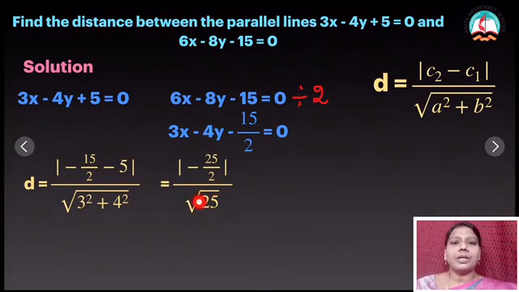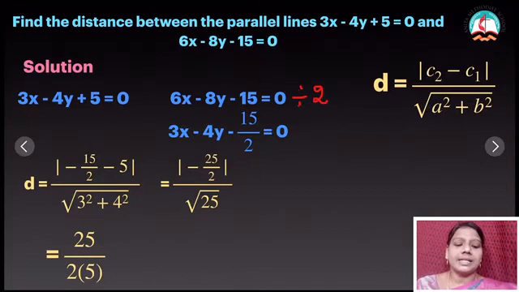If I am taking root, I will get only 5, and inside the modulus it is negative. If I am taking it out, it becomes only positive. Therefore, I am getting 25 divided by this. So, I just cancel this. If I am cancelling that, I am getting the result equal to 5 by 2. So, that is the distance between these two parallel lines.